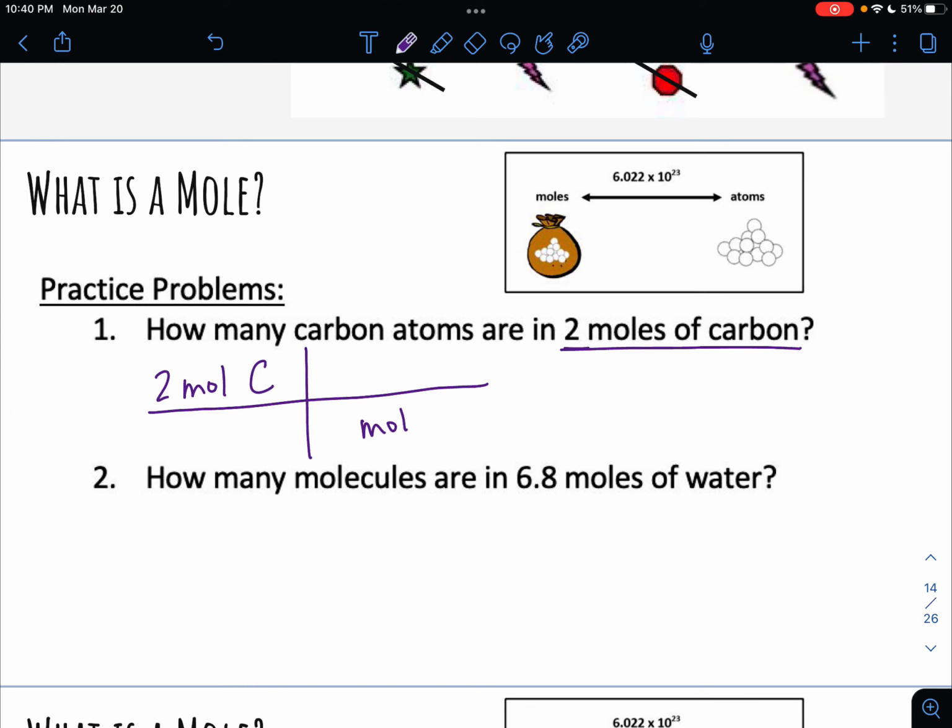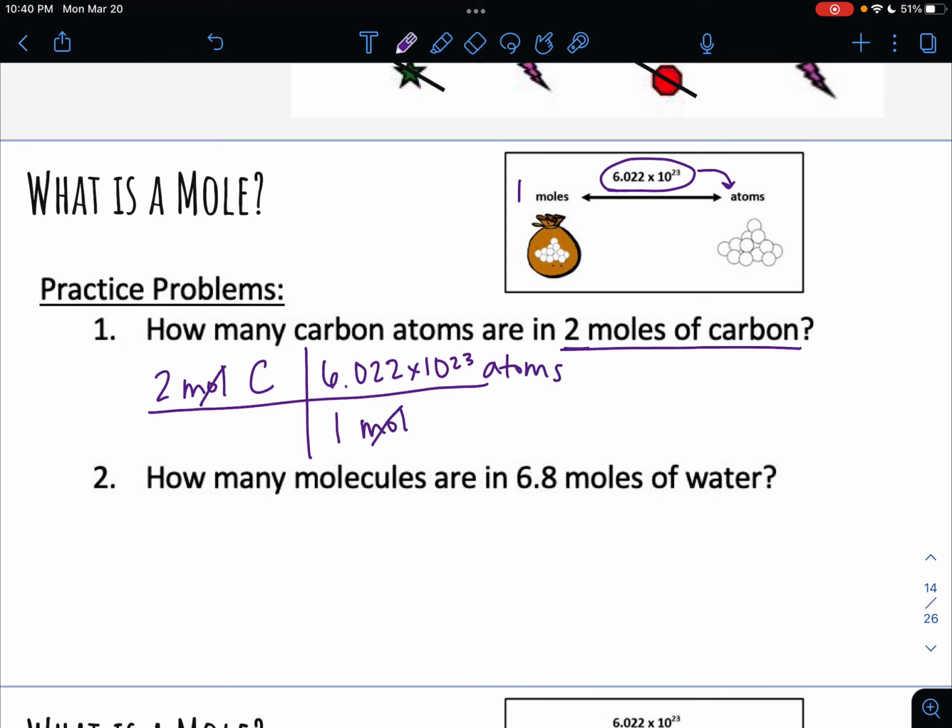Okay, and remember now, this is how we're going to convert to atoms. We're going to use Avogadro's number, where we said that 1 mole is equal to this many atoms. So 1 mole is equal to 6.022 times 10 to the 23rd atoms.